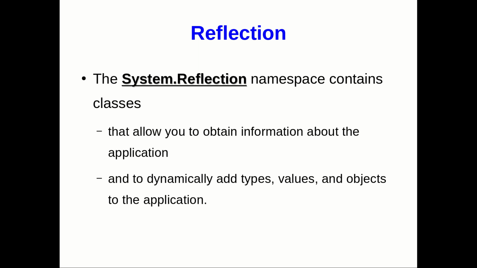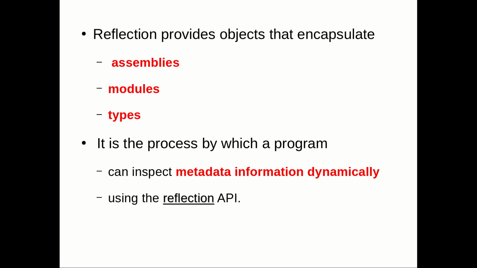So if I want to know this information of a class which is not created by you, it is created by some other programmer, but you are using it in your application, in those cases, you may want to know the metadata, which will be easily obtained using the reflection namespace. So that is the idea behind introducing the reflection objects.